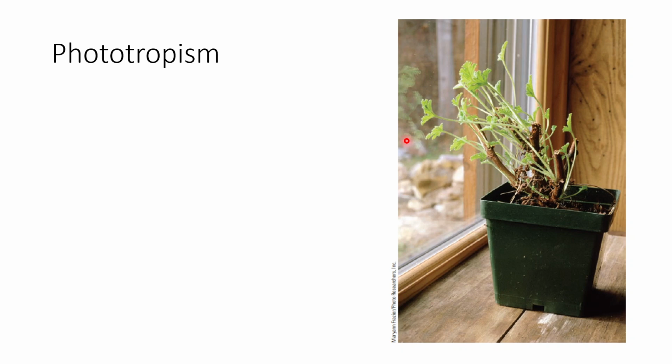So Darwin tried to influence this bending in several ways. They covered the tip of the seedling as soon as it emerged from the soil, and when they covered that part above where the bend normally occurs, the plant did not bend.